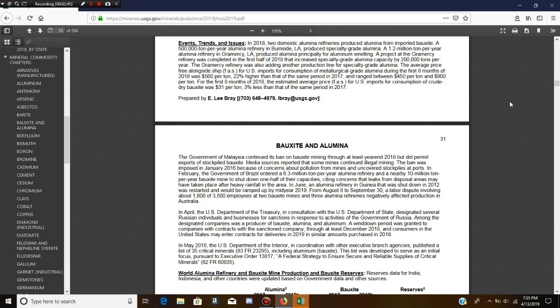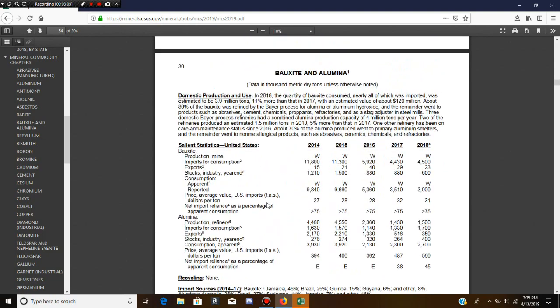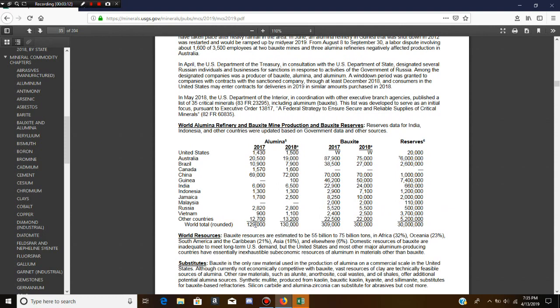Then you scroll down, and the second page for each thing is the international page, where the primary or biggest global producers will be listed, and then everyone else just gets thrown under other countries down there. And then you'll have the world total. And this should be million tons, since the data is in 1,000 metric tons. So, yes, obviously 129,000 is 129 million.